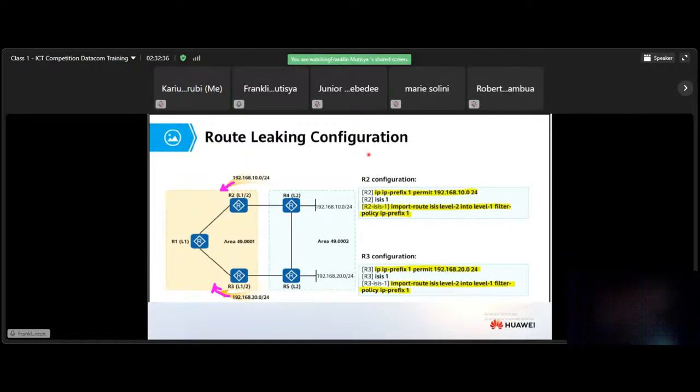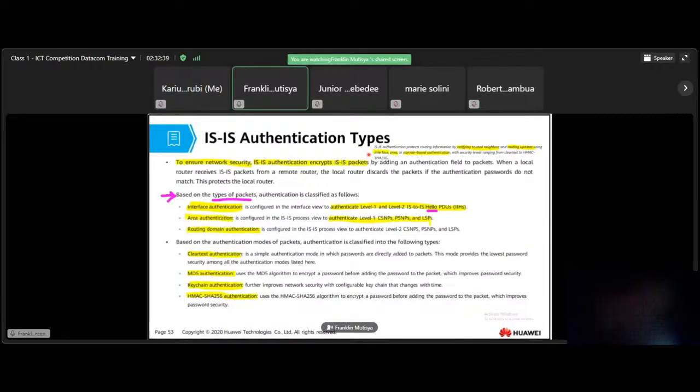Now let's look at another concept of ISIS, and that is ISIS authentication types. ISIS packets also can be encrypted, just like we saw with OSPF. ISIS supports 3 authentication modes: the interface authentication mode, the area authentication mode, and the routing domain authentication mode.